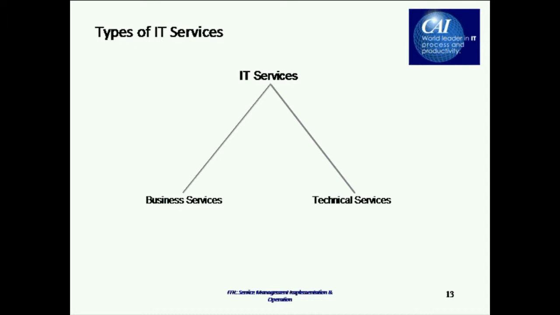And services are really of two types: business services and technical services. Business services are normally those services that your customers can understand, and it will really depend upon who your customer really is. If you're a cell phone company and your customers are end users, then the services that you see on your service provider's website as an end customer are the business services. The technical services are those that make up business services, and they are normally underlying services.